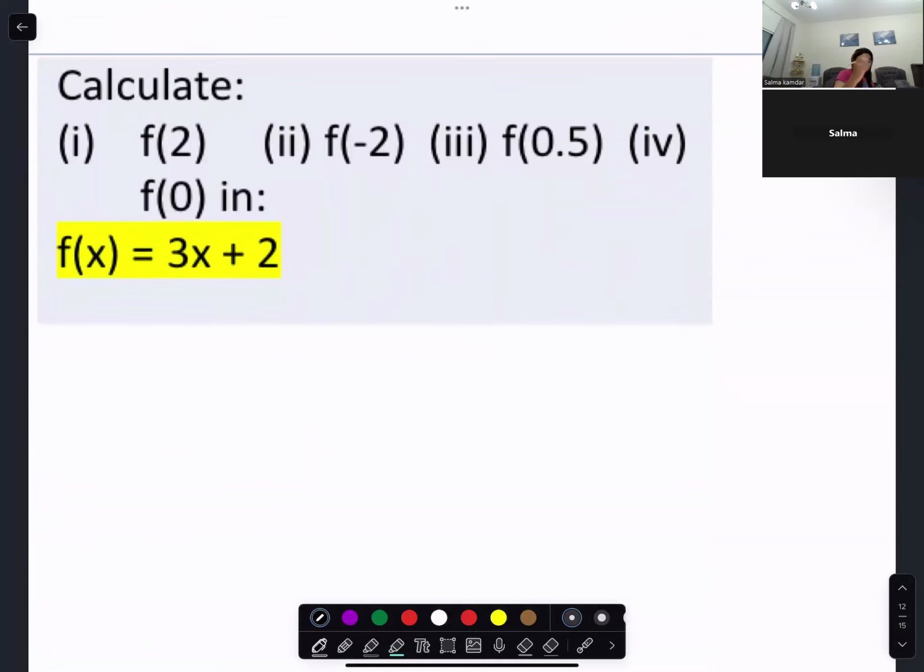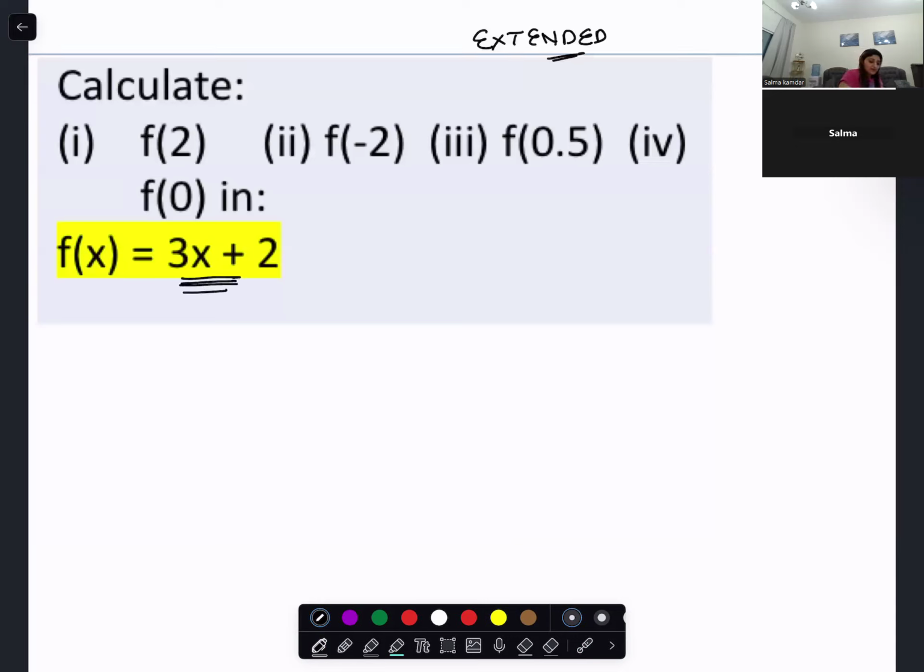Now this is your extended task. You have to try this yourself. Pause, try, solve. I will just read the question for you. The function is given to you.